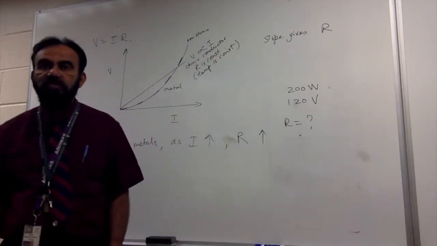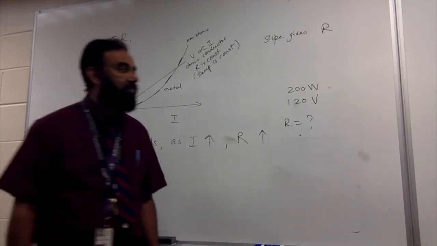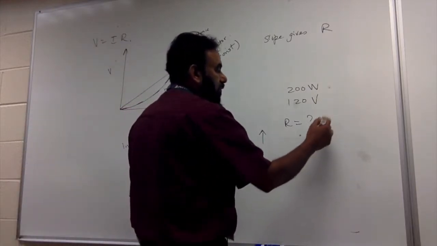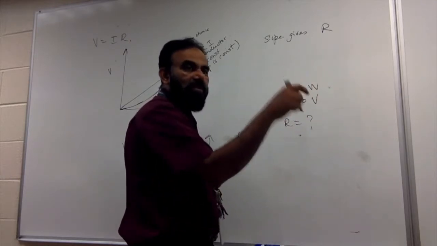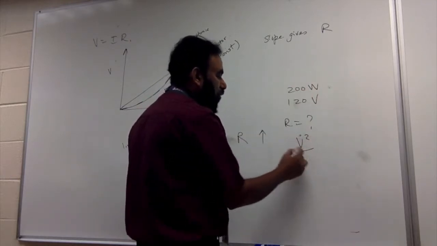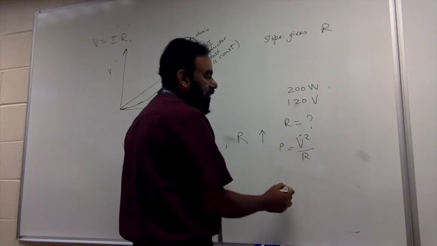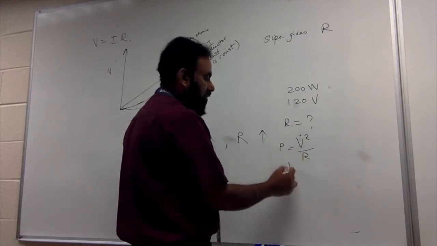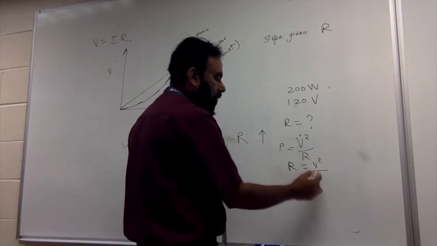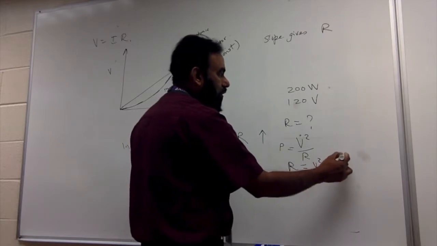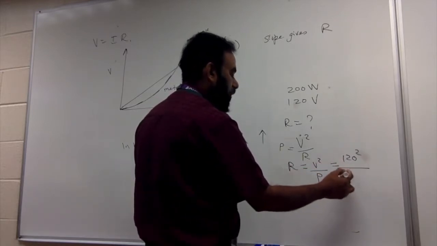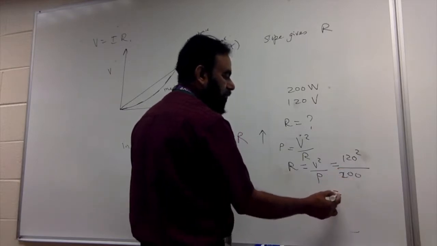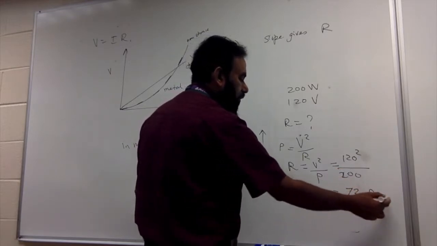How do you find the resistance of that floodlight bulb? So you go to which formula? Power and voltage and resistance. Without current, V square over R is equal to power, so you can use that. So resistance is equal to V square over power, and that is 120 square over 200. That is 72 ohms.